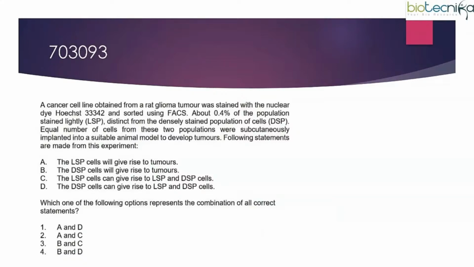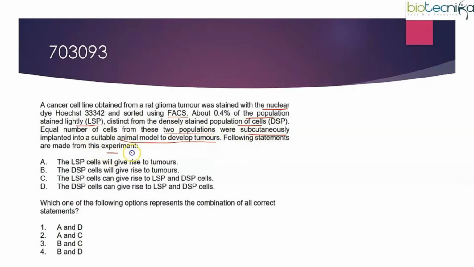So this is from cancer. A cancer cell line obtained from a rat glioma tumor was stained with the nuclear dye Hoechst 33342 and sorted using FACS. About 0.4% of the population stained lightly, distinct from the densely stained population of cells. Equal numbers of cells from these two populations were subcutaneously implanted into a suitable animal model to develop tumors.